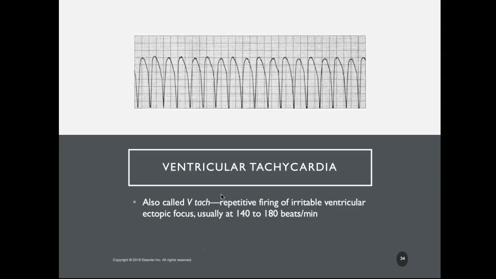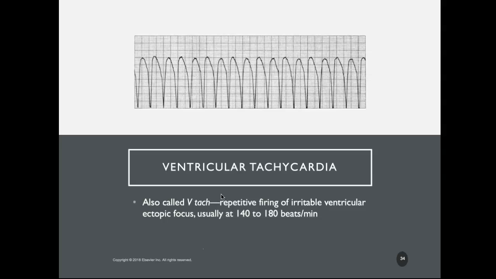If they do have a pulse, they could lose their pulse because this can go into a cardiac arrest situation fairly quickly. So we need to monitor them very closely and make sure it's not sustained, or do what we need to do to get them out of this rhythm by even giving them anti-arrhythmics if possible. Again, irritable ventricle ectopic foci.